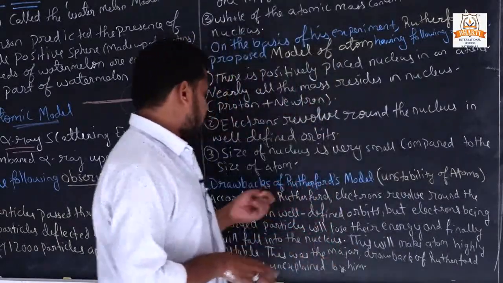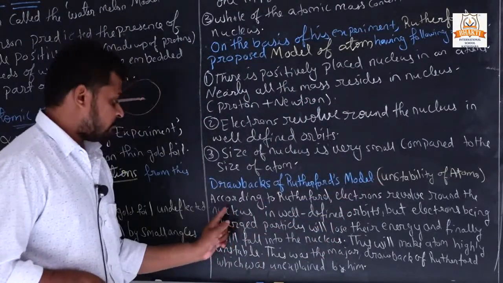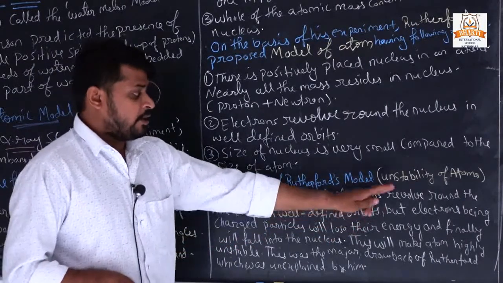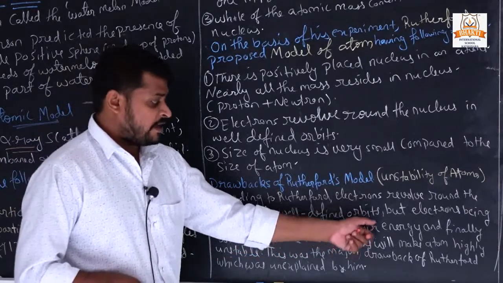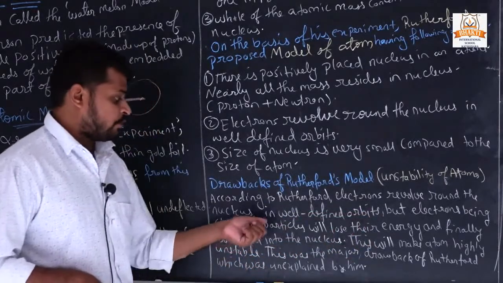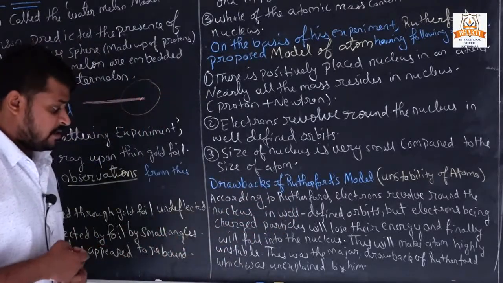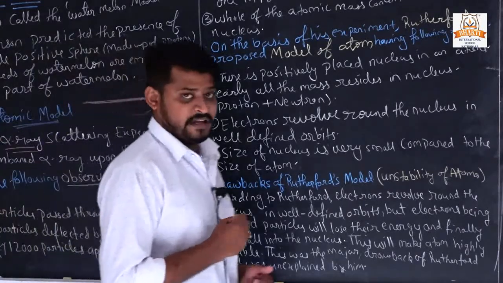So this was the drawback. According to Rutherford, electrons revolve around the nucleus in well defined orbits, but electrons, being charged particles, will lose their energy and finally fall into the nucleus. This would make atoms highly unstable. This was the major drawback of Rutherford's model.